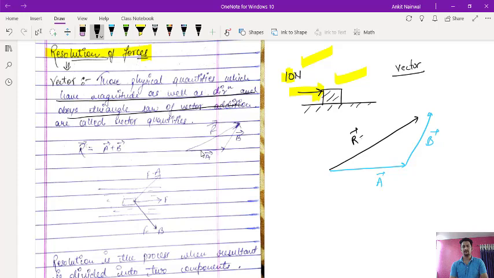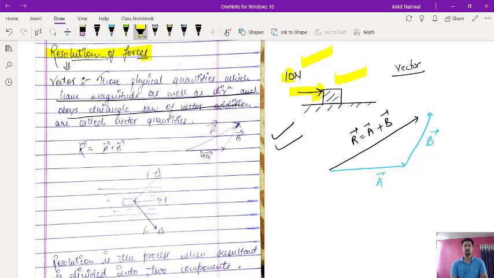This is given by R vector equals A vector plus B vector. I hope you have studied the triangle law and the parallelogram law of vector addition during your schooling in 11th or 12th.